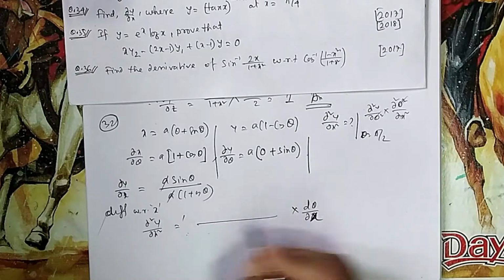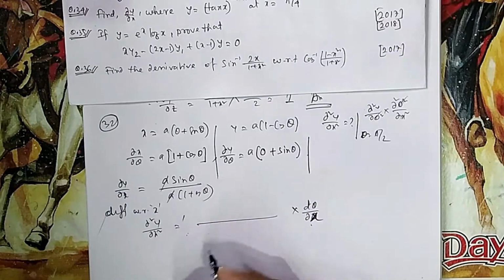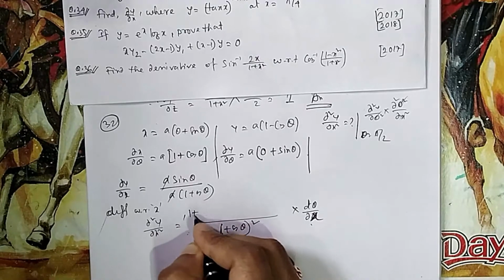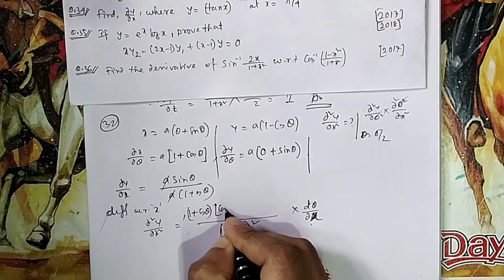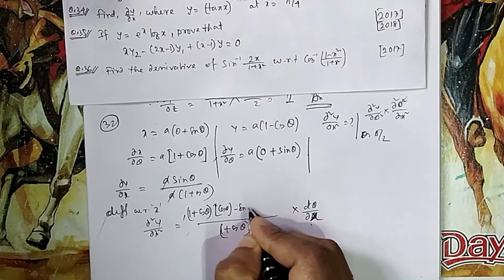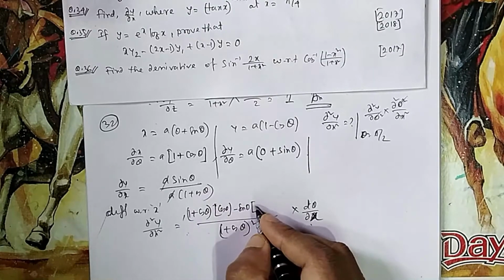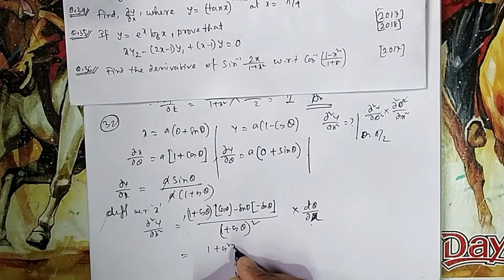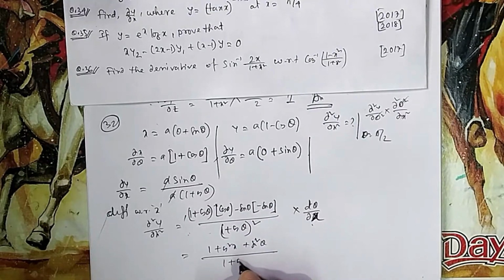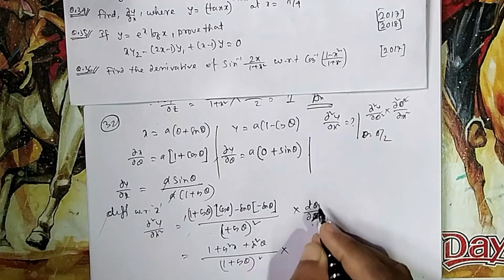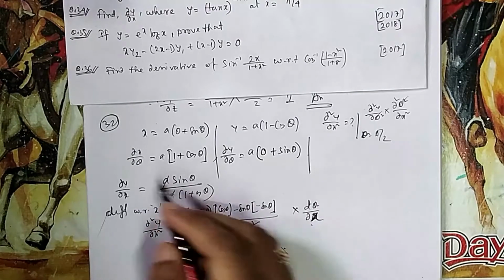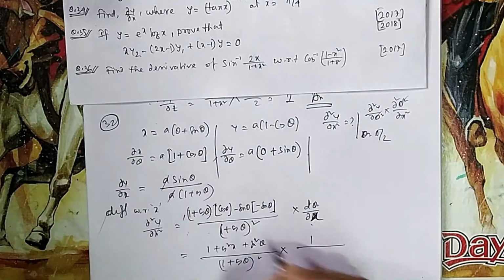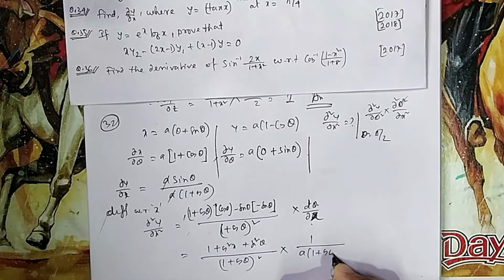If you differentiate this with respect to theta, u by v format: denominator constant, numerator differentiation sin theta is cos theta, minus numerator constant, differentiation of denominator, 1 is 0, cos theta is minus sin theta. So it will be (cos theta plus cos square theta plus sin square theta) by (1 plus cos theta) whole square, and d theta dx we have already seen, that is inverse of dx d theta, that is 1 by a(1 plus cos theta).